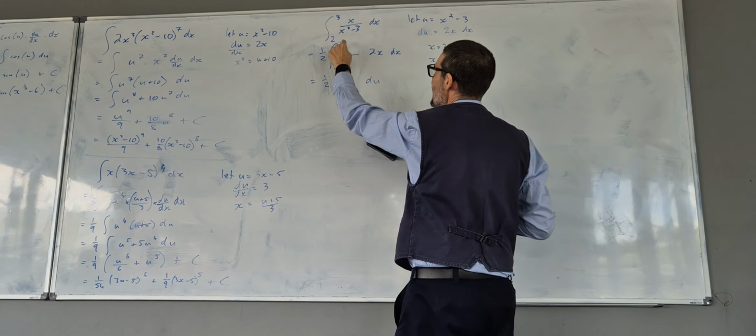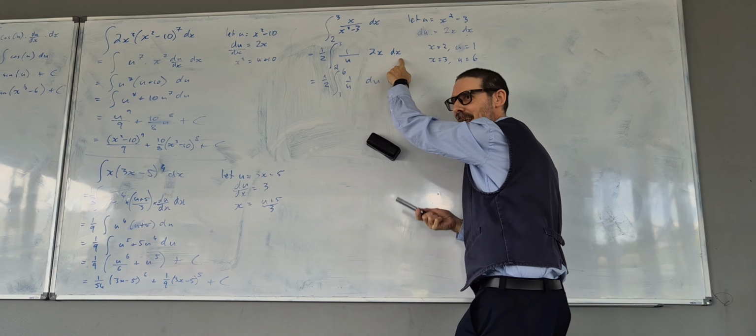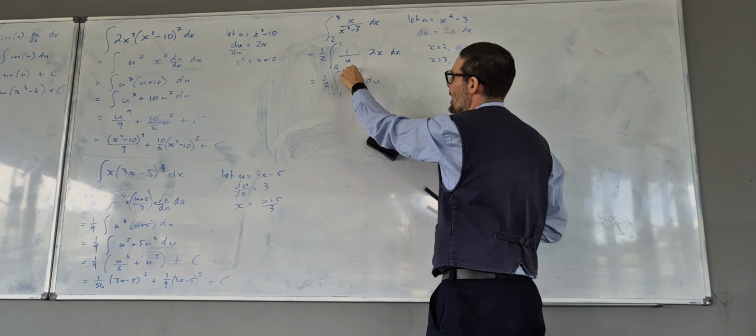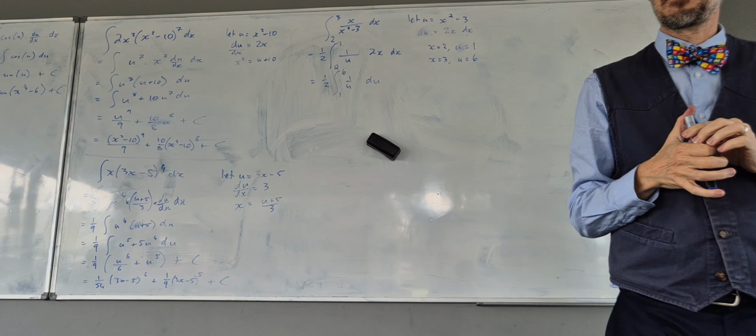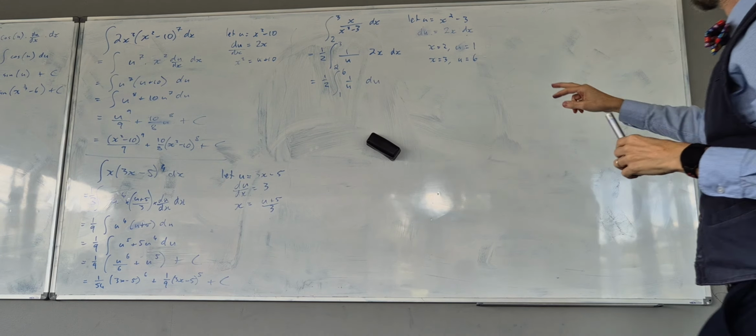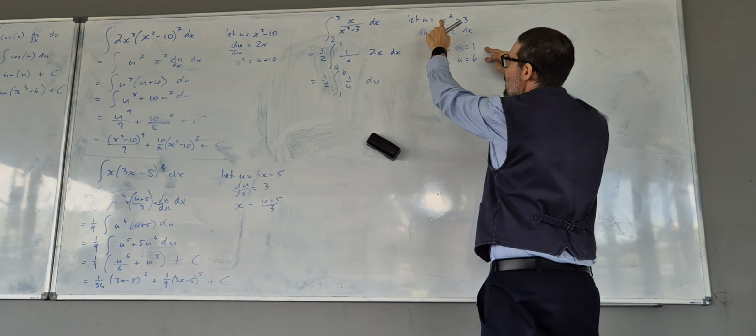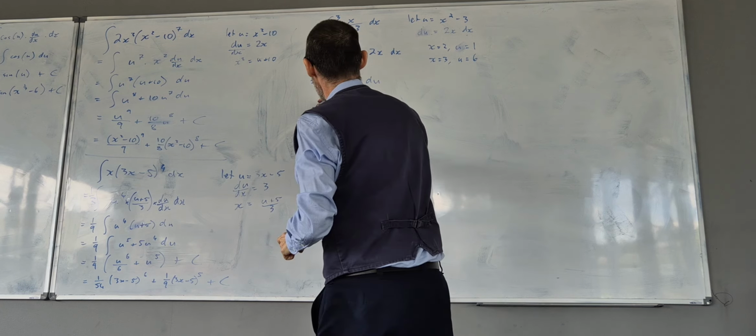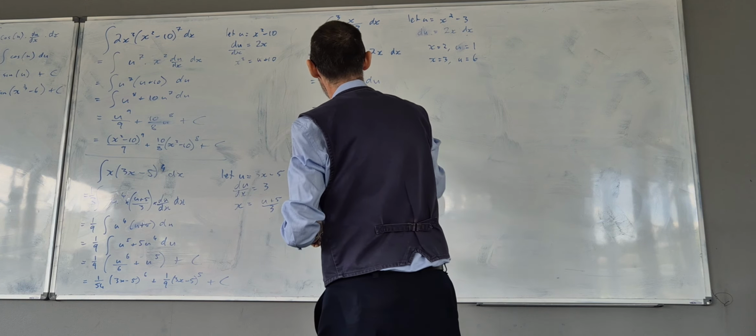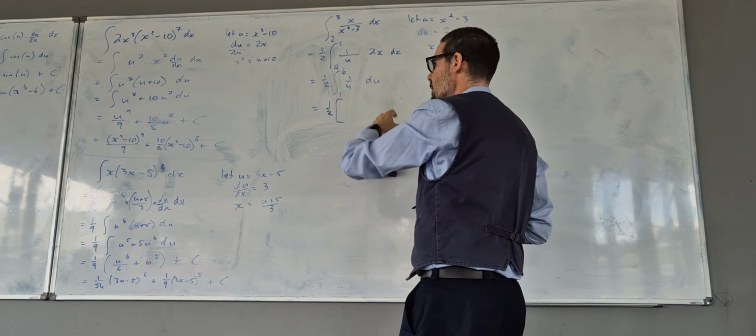Integrating from 2 to 3 with respect to x is the same as integrating from 1 to 6 in u. And if I calculate these, I don't have to substitute u later on. I can just go 1/2. What's the integral of 1 over u?